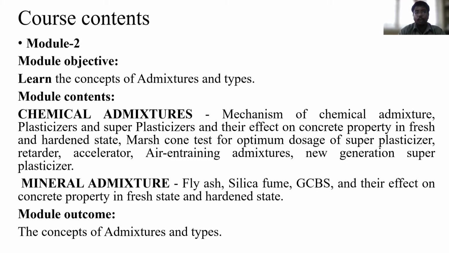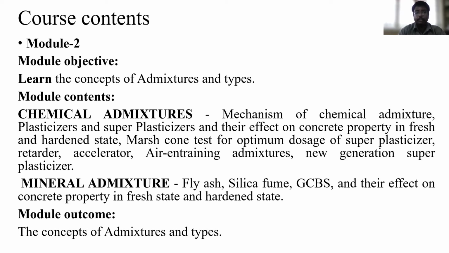Retarders, in the sense, if you want to slow down the setting time, we can use retarders, or if you want to speed up the setting time, we can go for accelerators, and different air entraining admixtures and new generation superplasticizers. We are mainly concentrating on superplasticizers, plasticizers, retarders, accelerators, and air entraining agents under the heading of chemical admixtures.